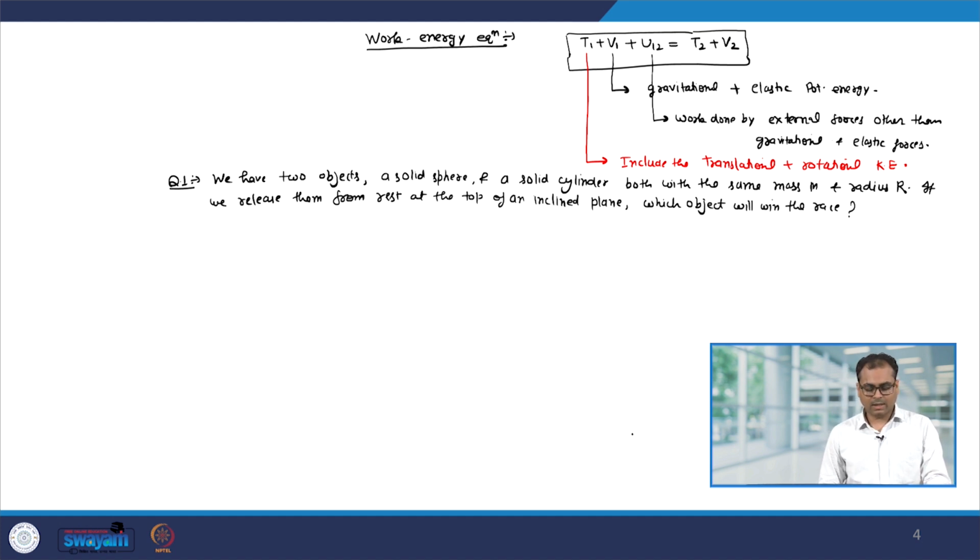Okay. And assume that the objects roll down the ramp without slipping.